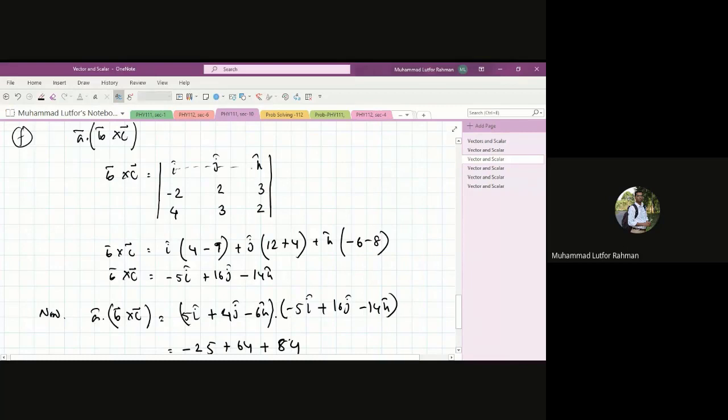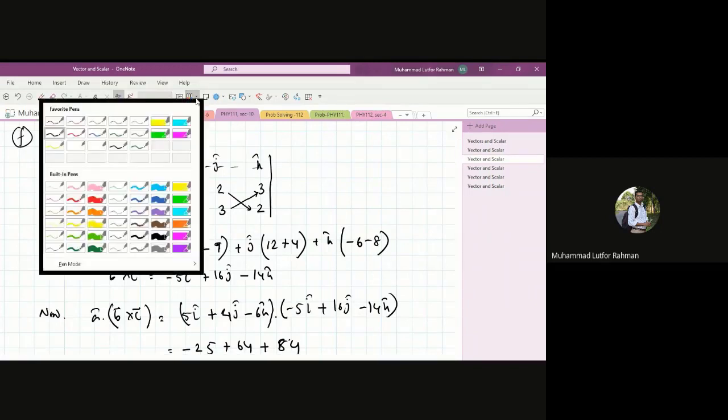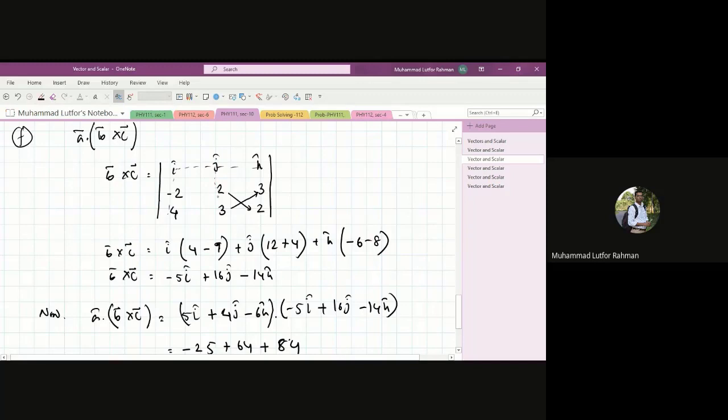You take the bar in front of the I component: 2 into 2 minus 3 into 3. Let's give that one. And in the second case, when you take the Y component, you use the bar over there. Since I use the plus sign over here, I'll go that way: 4 into 3 minus 2 into 4.